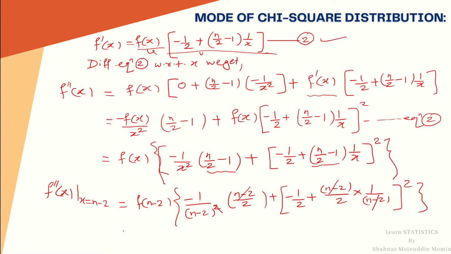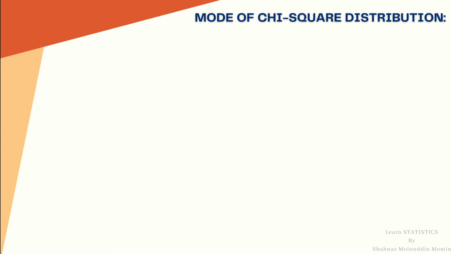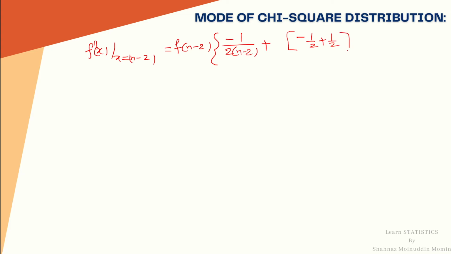So we are left with f double dash x at x equal to n minus 2 equal to f of n minus 2 into the bracket minus 1 upon 2 into n minus 2, plus the bracket minus half plus half whole square.